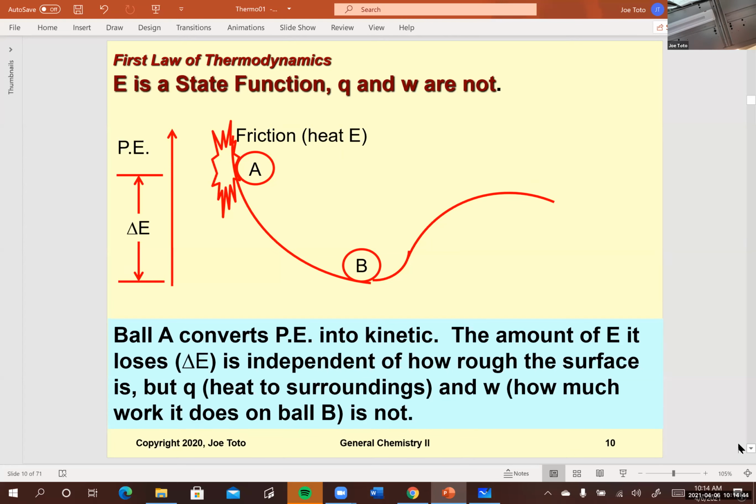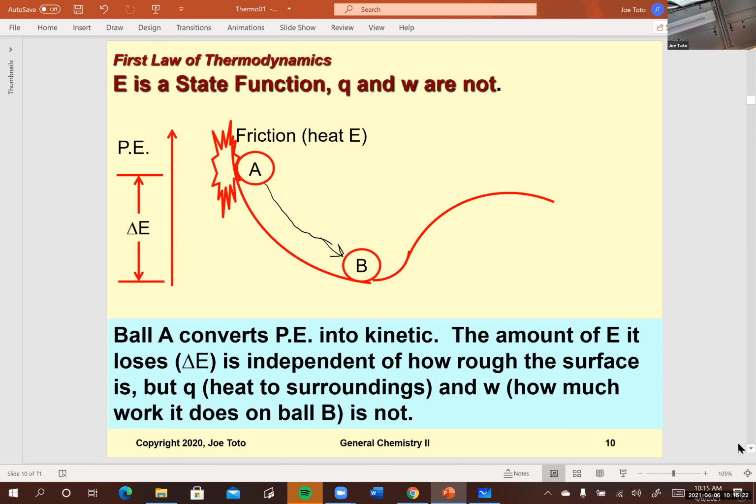Some things that are not state functions are heat, flow, and work. They're not state functions, they are path dependent. For example, I have this ball A, it's going to come down this surface and it's going to strike ball B, and it's going to give energy to that ball B. The amount of heat that is given off when A goes down to hit B is path dependent.